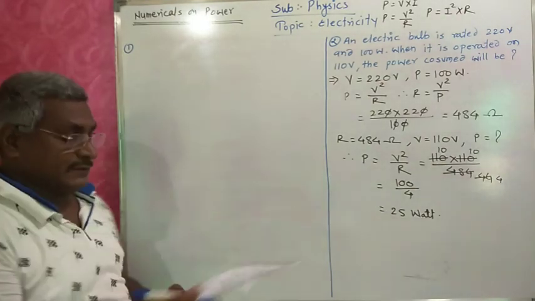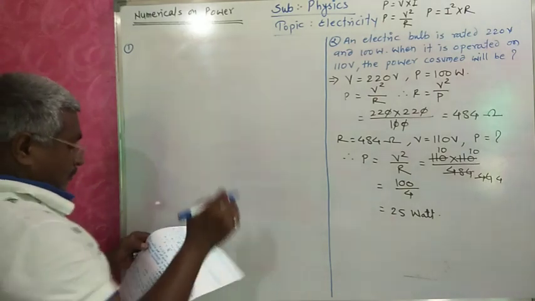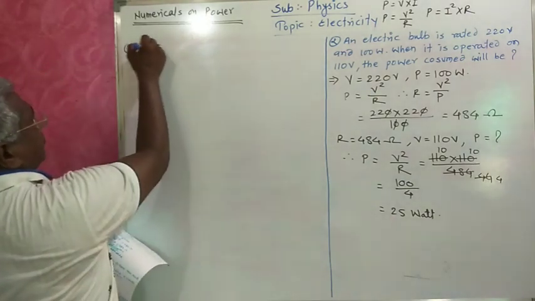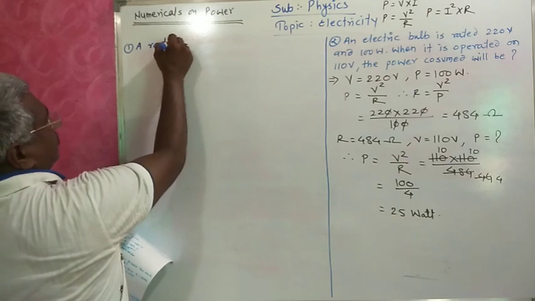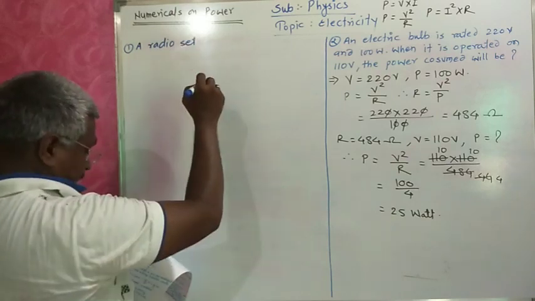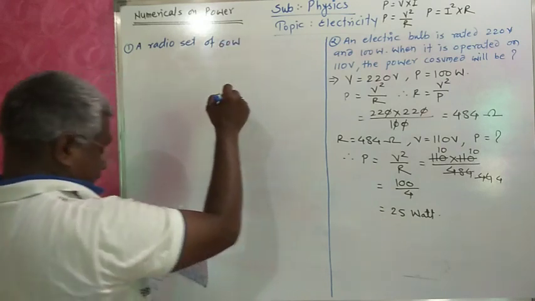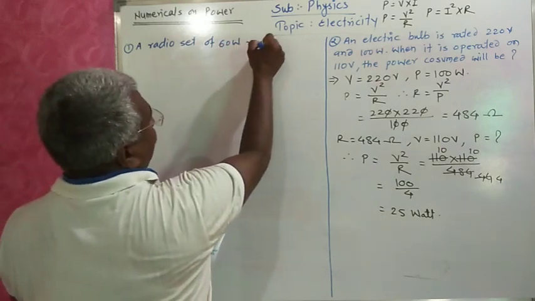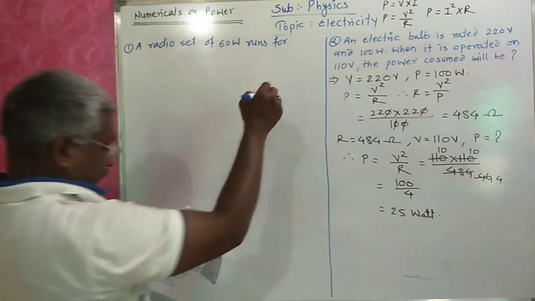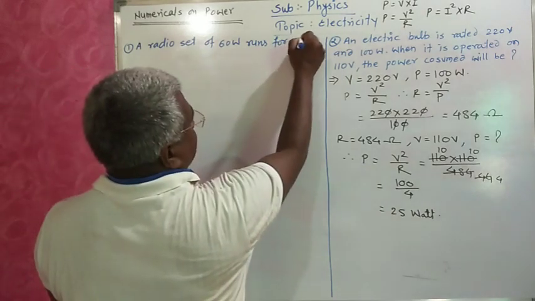Third question we will see. A radio set of 60 watt runs for 50 hours.